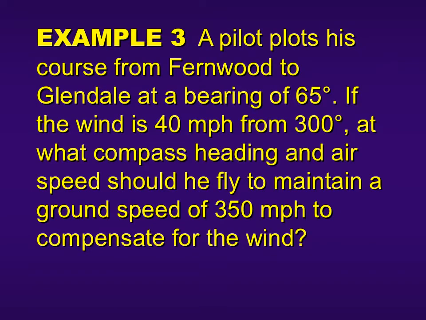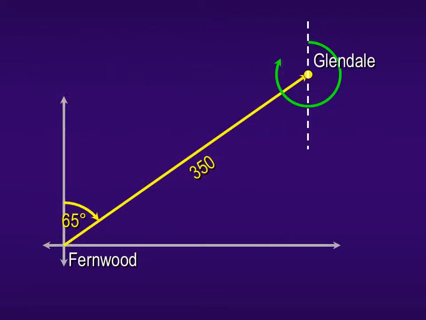All right, we have a pilot who plots his course from one city to another at 65 degrees. We have wind of 40 miles per hour at 300 degrees, and we need to know what compass heading and airspeed he should fly if he wants to have a speed of 350 miles per hour to compensate for that wind that's coming at 40 miles per hour from 300 degrees.